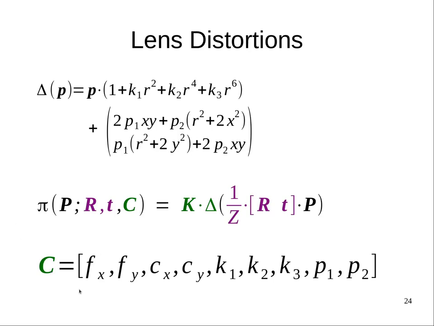It looks like this, and it contains the focal length in X and Y, then the principal point in X and Y. So these four parameters are encoded in the K matrix, and then we have the delta distortion, the lens distortion function, which has the three Ks from the radial distortion and the two Ps from the tangential distortion. So these 9 parameters are the typical intrinsic parameters, which are used everywhere.